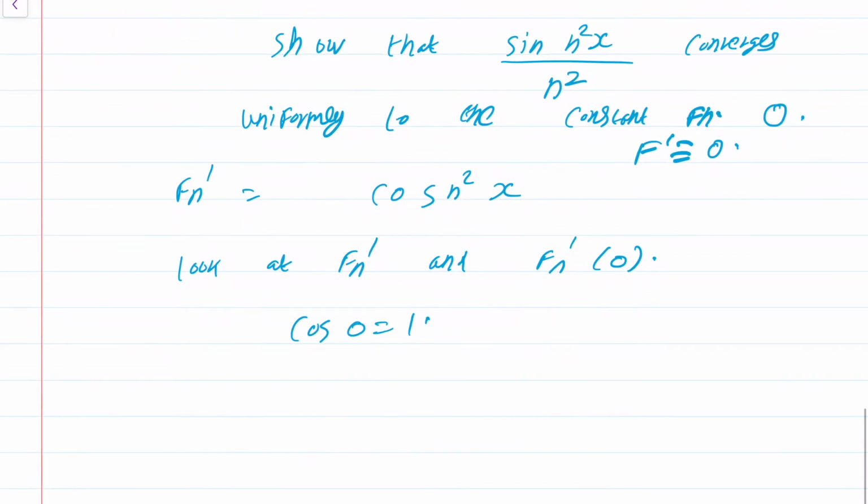So f_n prime of 0 does not converge to f prime at 0.